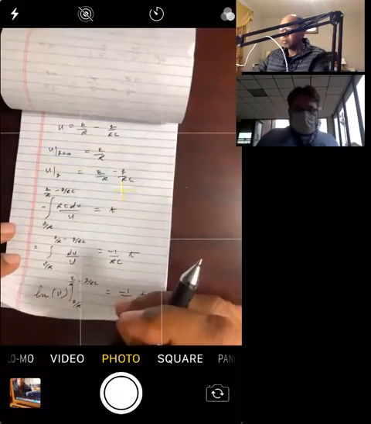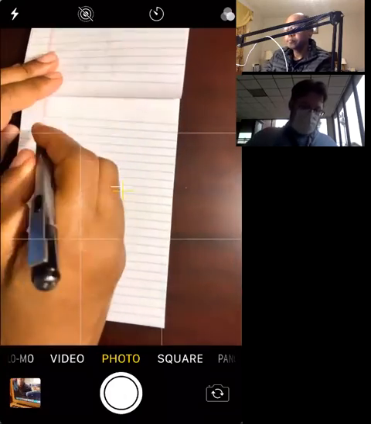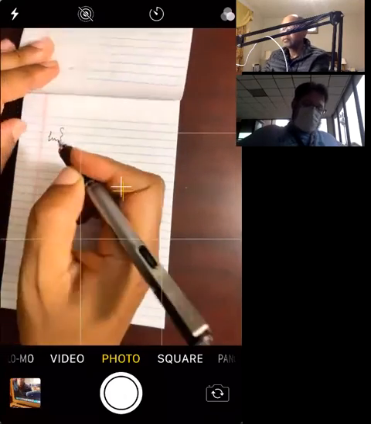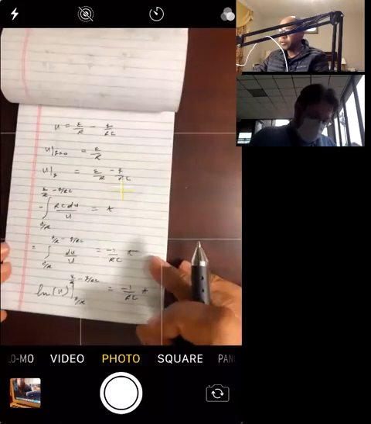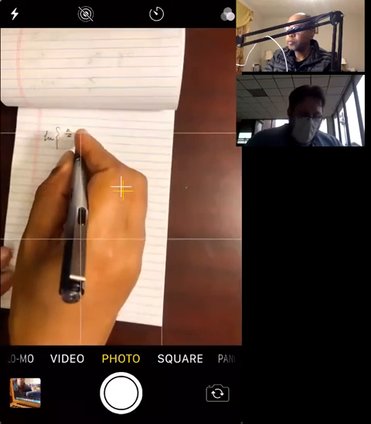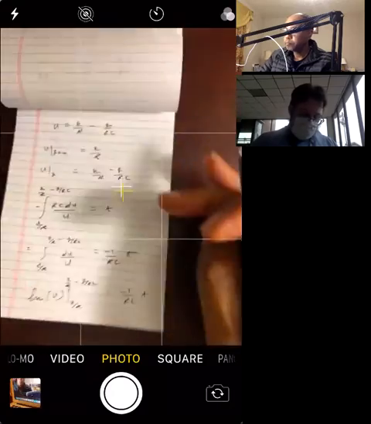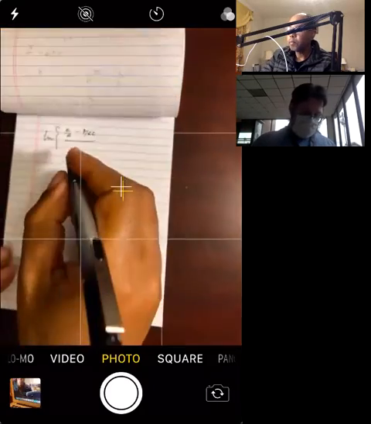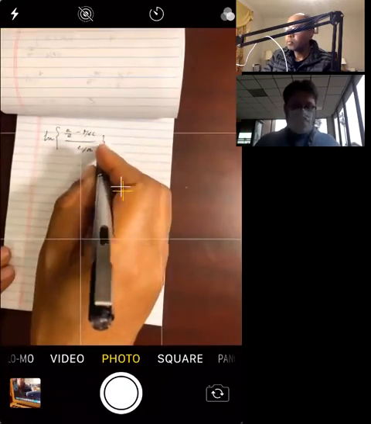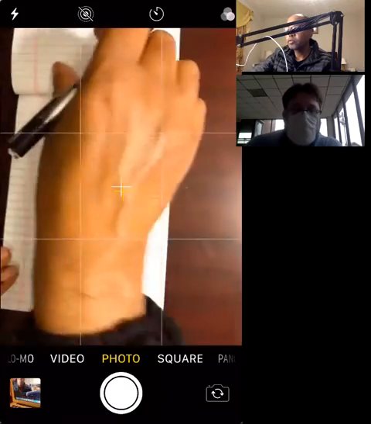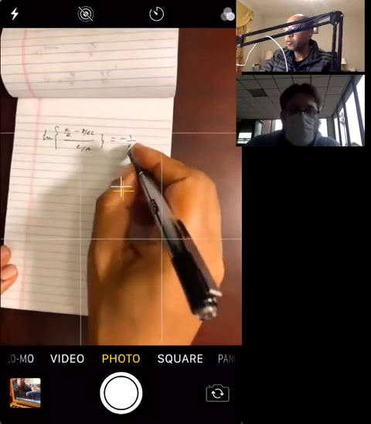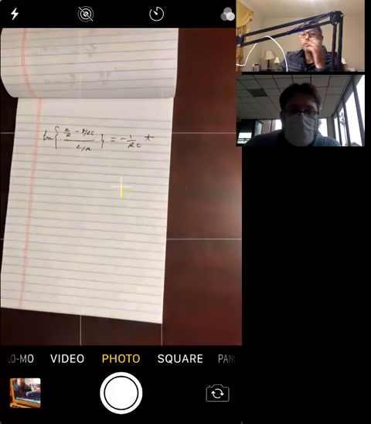So this becomes ln of a ratio, since it's a logarithm: E over R minus Q over RC, divided by E over R, equals negative 1 over RC times t, right?